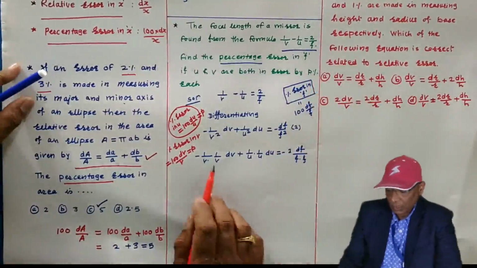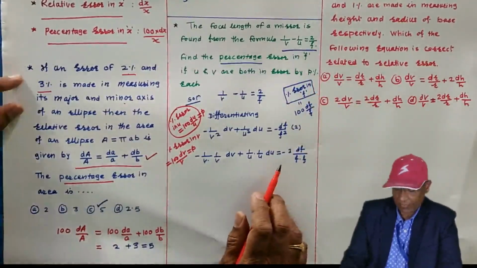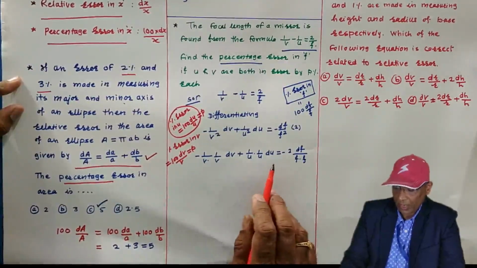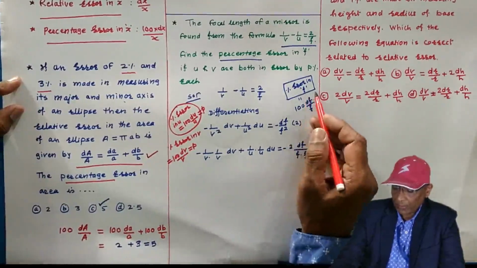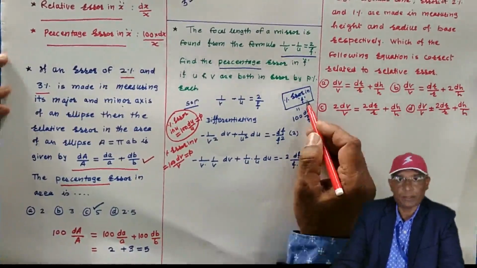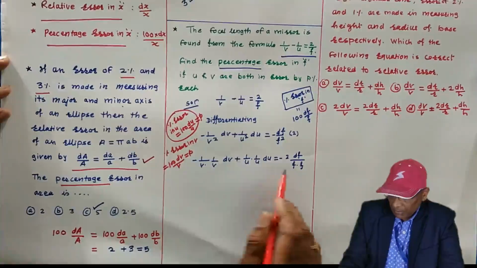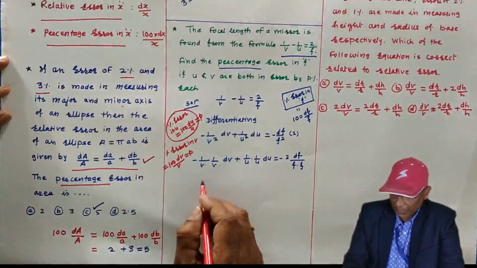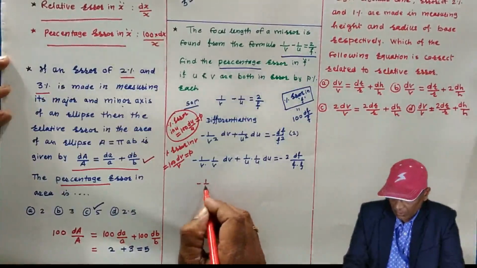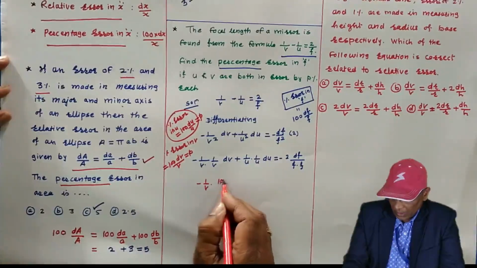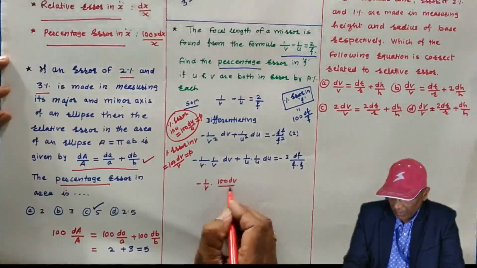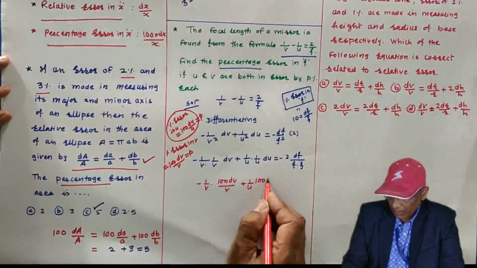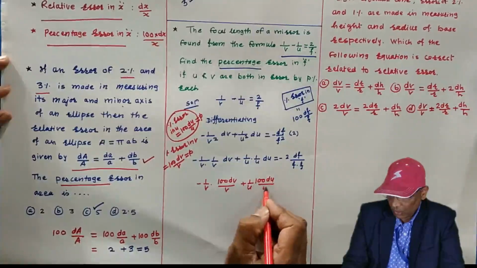Now what to do? We are going to simplify this equation. And what we have to find? Percentage error in f we have to find. Try to simplify this equation. If I multiply it by 100, see what I am going to do: 100 dv by v plus 1 by u, 100 du by u.